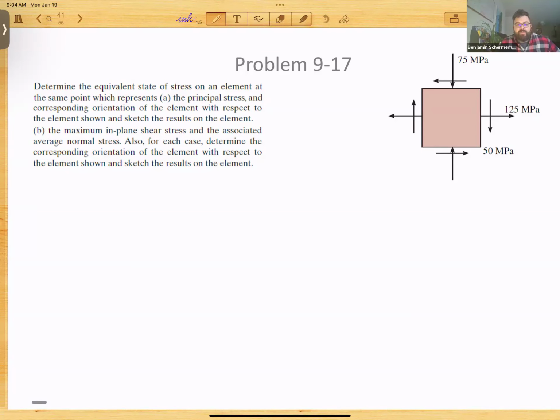And we also want to figure out the maximum in-plane shear and how much we want to rotate to get to that point. And you can sketch these out afterwards. I did not sketch them out, but you can. So go ahead and pause, see what you can do here with this.